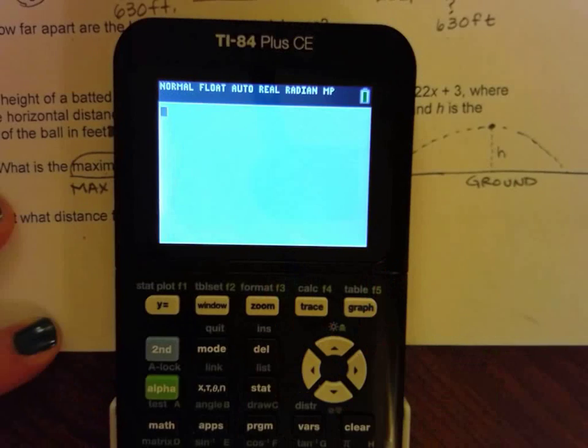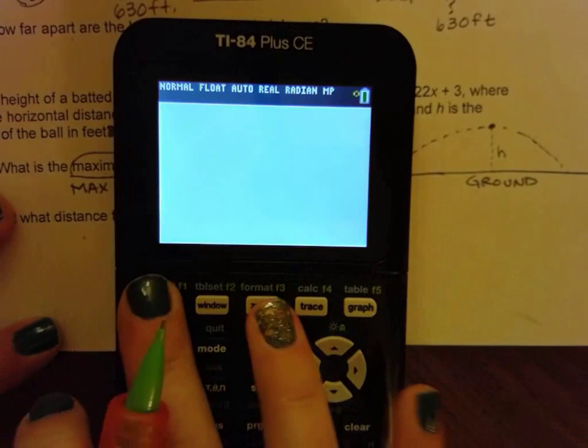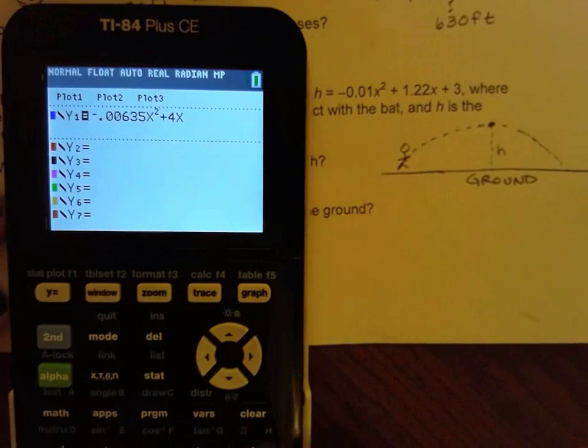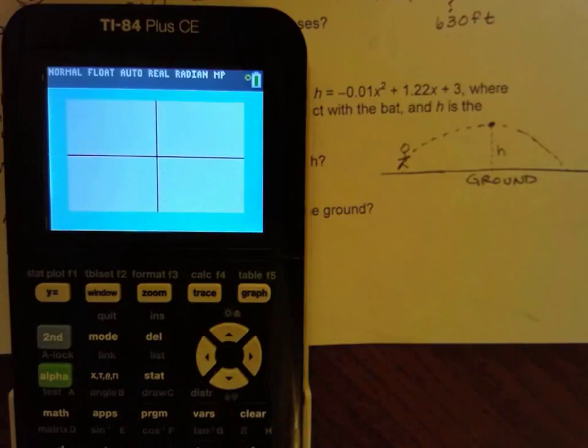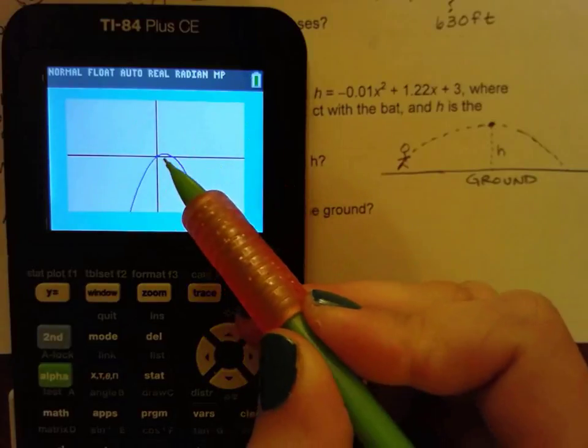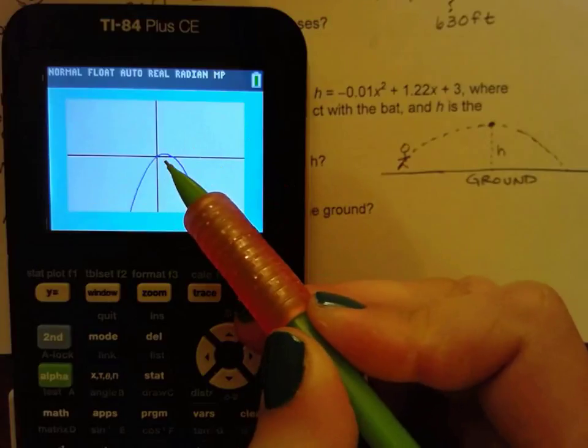So let's put it into the calculator. We have negative 0.01 x squared plus 1.22x plus 3. Let's hit enter. I'm so zoomed out that I might need to zoom in, because the only part that we care about is that little part above the x-axis.